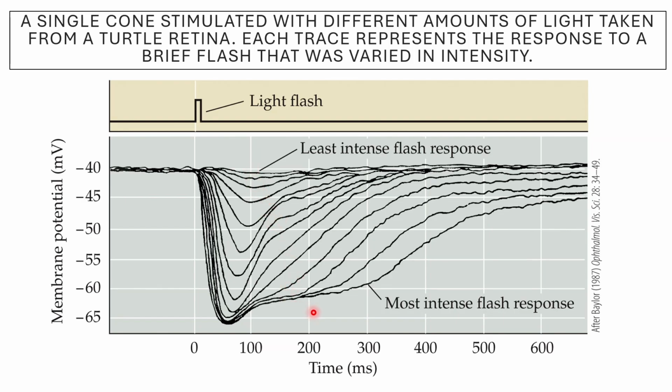The other thing we can note here is that it's a graded response, right? So low intensity results in some change in membrane potential, but it's small and not as long lasting. But the more we increase the intensity of the light, we see a greater and greater response, as well as the length of the response lasting longer and longer.